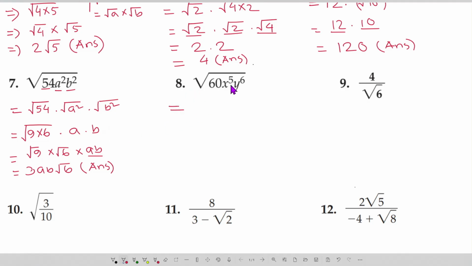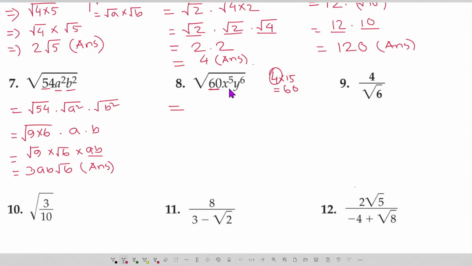Next, root 60 times x to the power 5 y to the power 6. We can factorize 60. We can find numbers which are perfect squares included in here, like 4 times 15 is 60, where 4 is a perfect square.